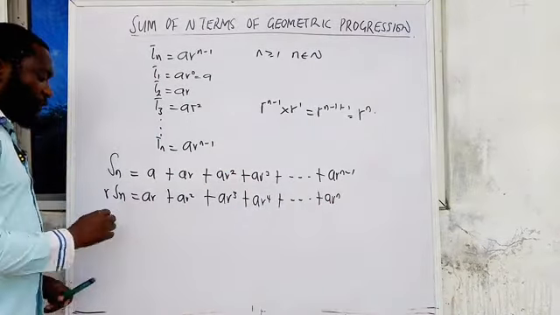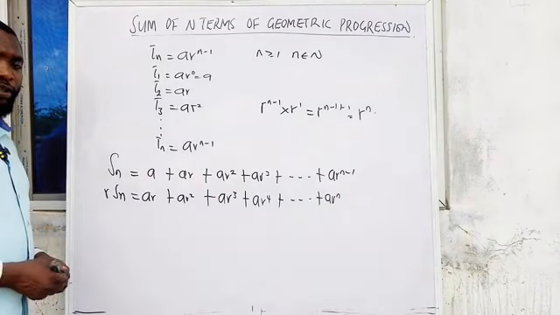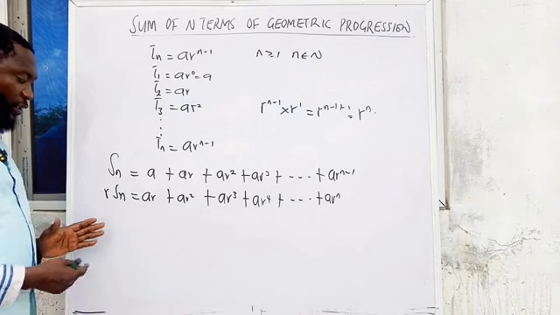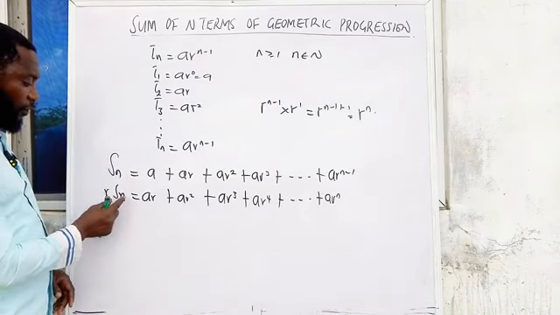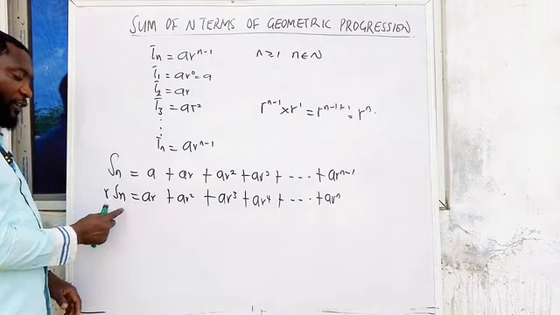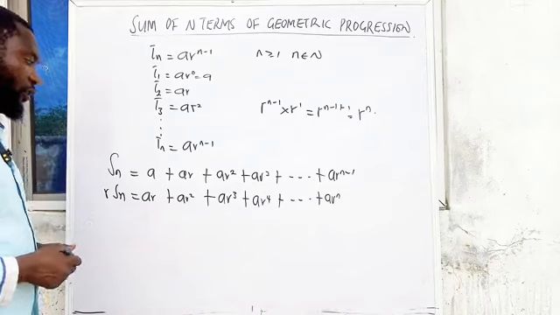Now, we can find the difference in two ways. It's either we subtract rSn from Sn, or we take Sn from rSn. Let's consider the two cases.